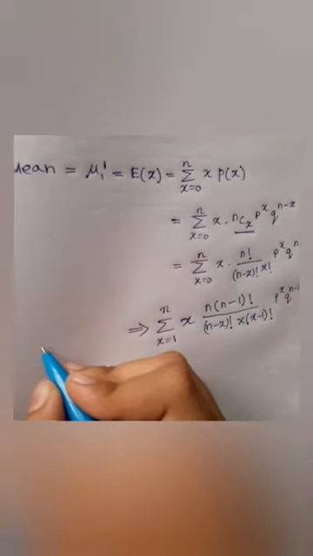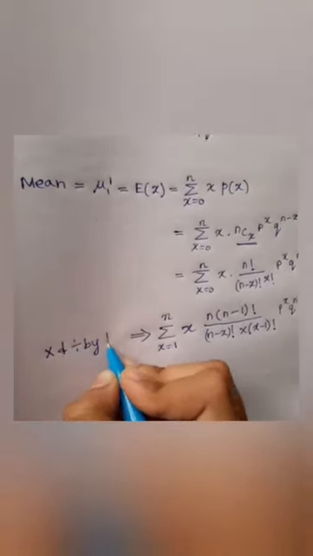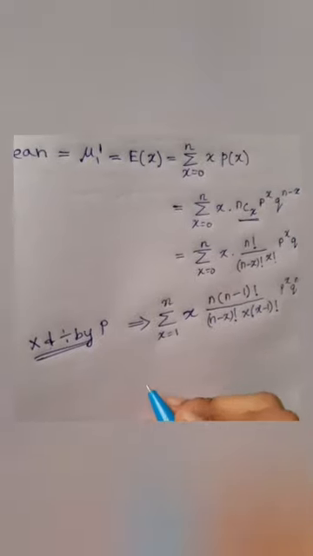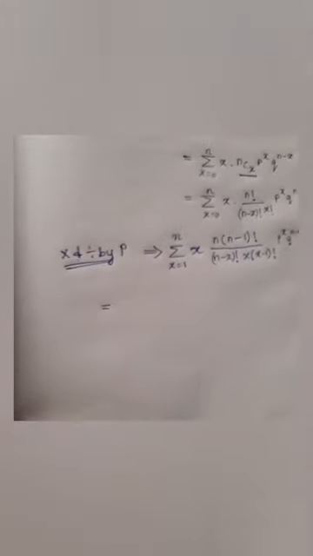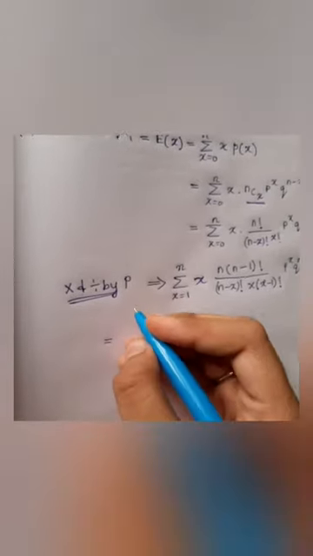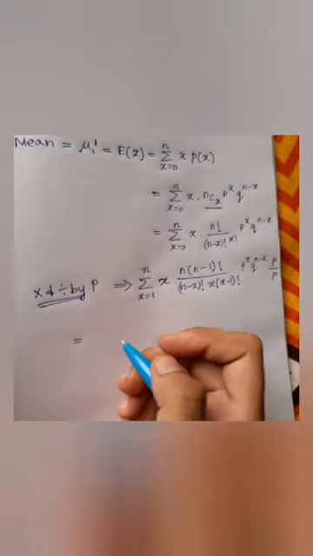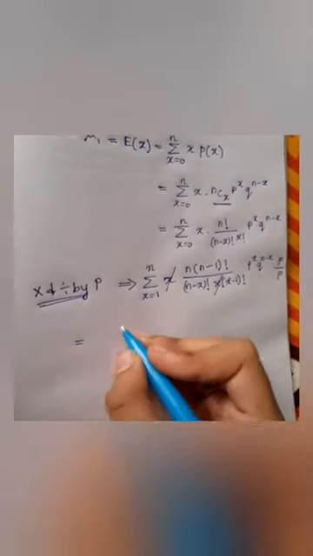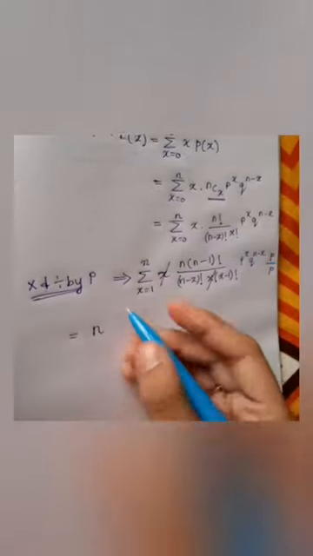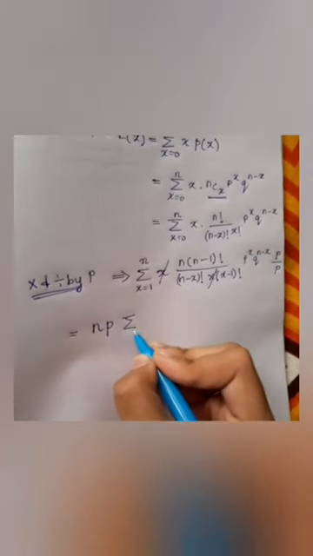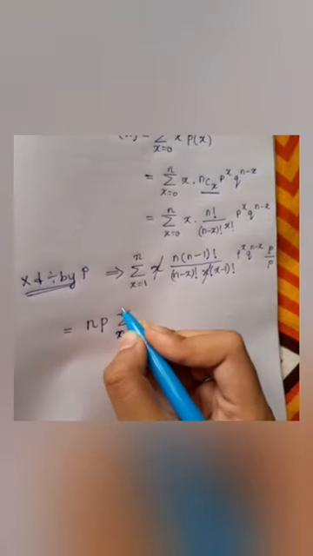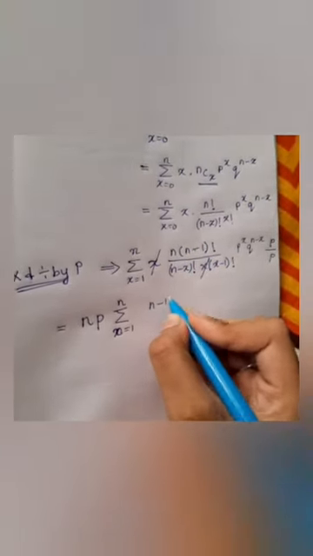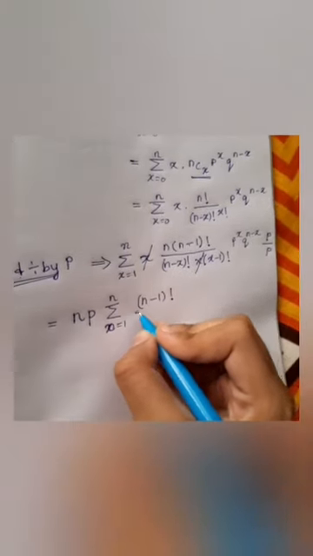We just divide and multiply by p. Here x and x cancel, then we get n, then there is p, so we write np, summation x equal to 1 to n of (n-1) factorial divided by (n-x) factorial (x-1) factorial, with p^x. In the denominator, p goes upside and becomes p^(x-1), q^(n-x).